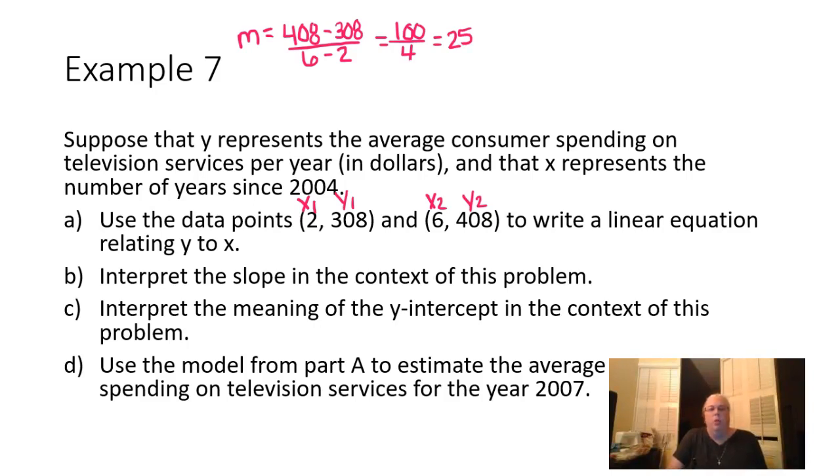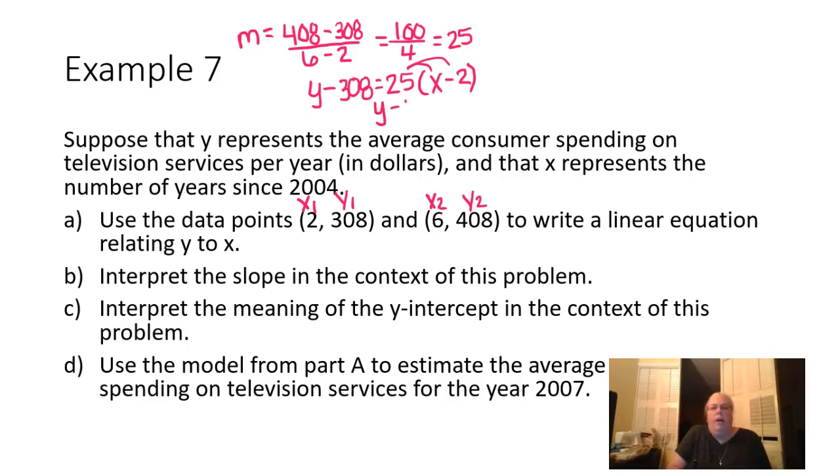And I think to write my equation, I'm going to use the first point here because the numbers are a little bit smaller than the other ones here. So to get the equation, or my model, we'll have y minus y1 equal to the slope we just found times x minus x1. Okay, let's distribute the 25 in the parentheses.